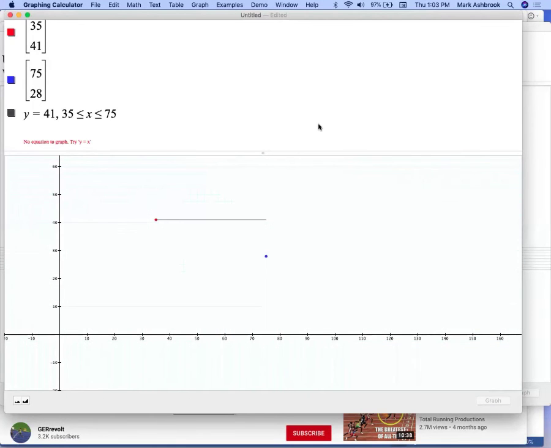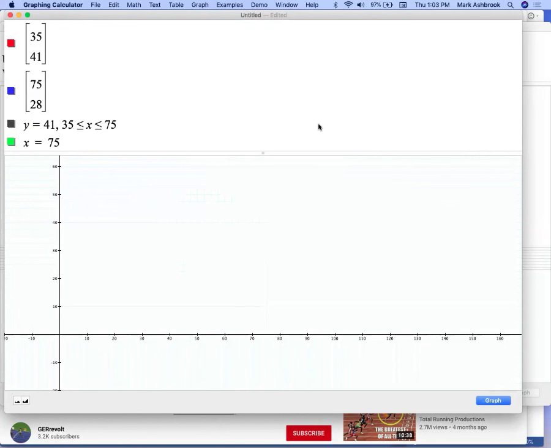Okay, she wants x equals 75. Agree with that? Some nods there. Okay. And the inequality 28 less than or equal to y less than or equal to 41. Agree with that? She said y between 28 and 41.